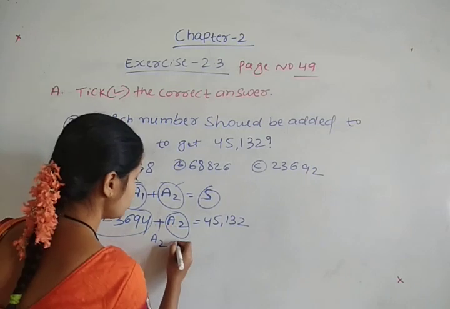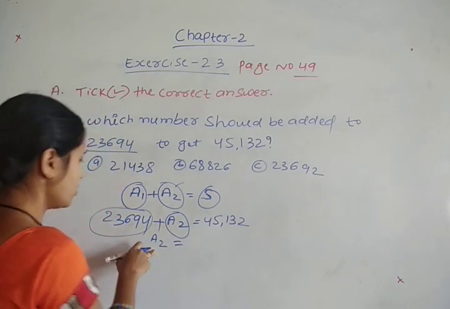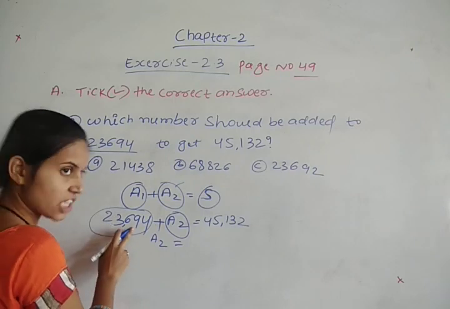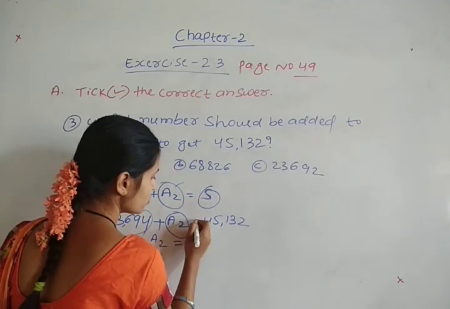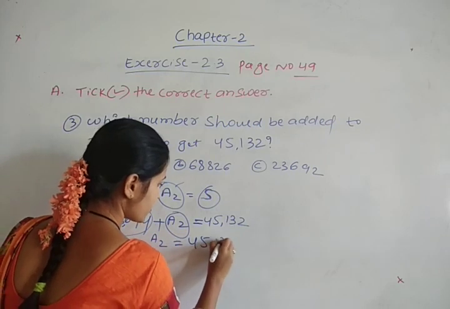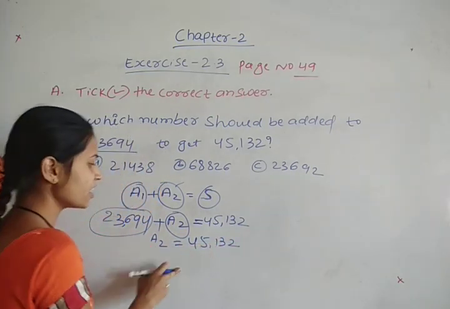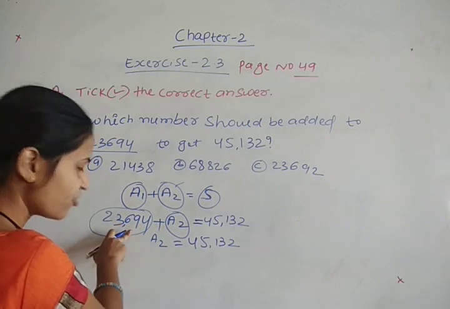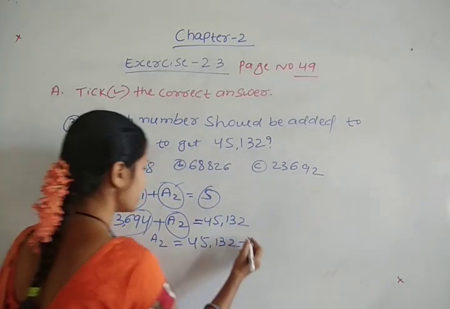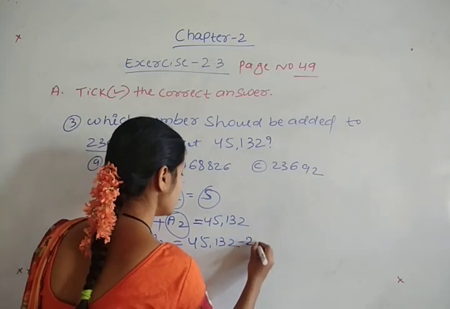Now to find the value of a2, if this 23,694 comes to this side, I am directly subtracting this first addend from the sum. See here, if it comes to this side, it changes its sign.